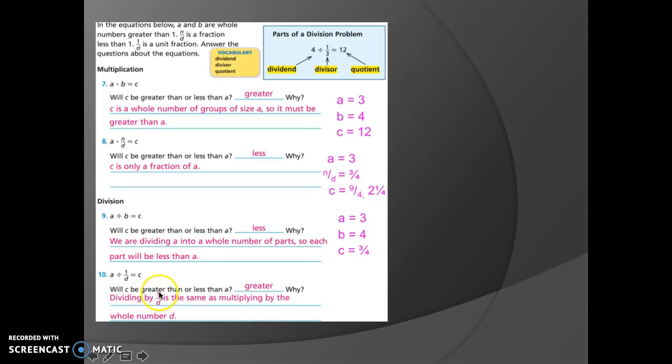Because dividing by a unit fraction is the same as multiplying by this whole number. Remember, keep, change, flip. So for example, if A is 3 times 4 over 1, because we have to flip this, we're going to end up with 12. So this would be like if we had 3 pizzas and the pizzas were divided into fourths, we would have 12 pieces of pizza.